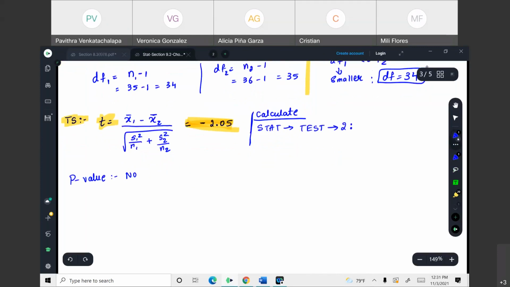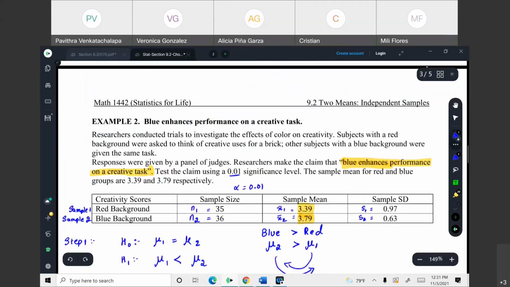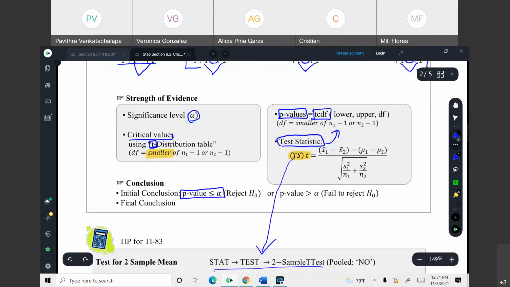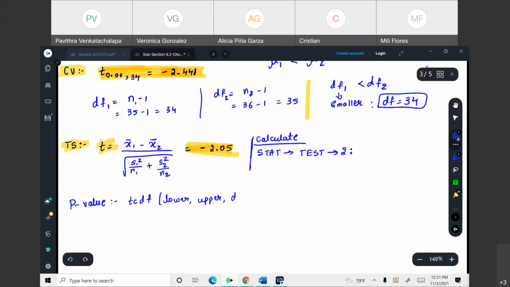Use TCDF, with lower and upper bounds. Yes, you also use df.